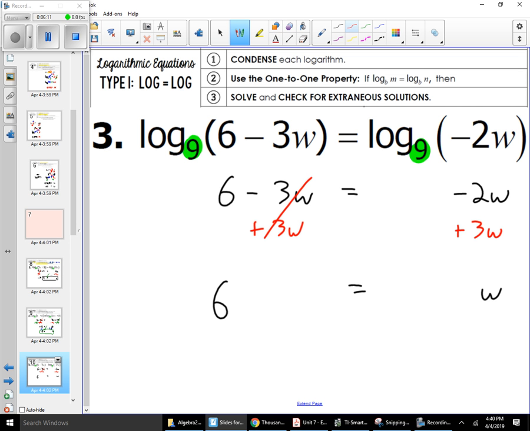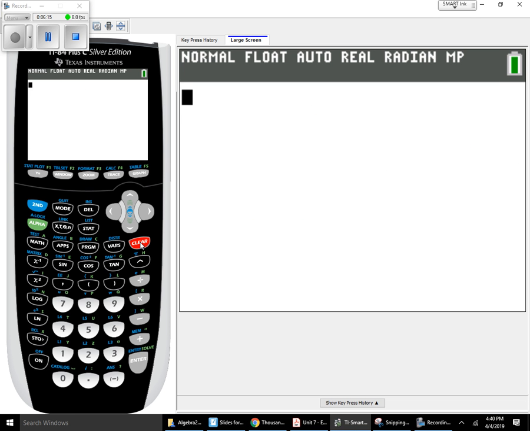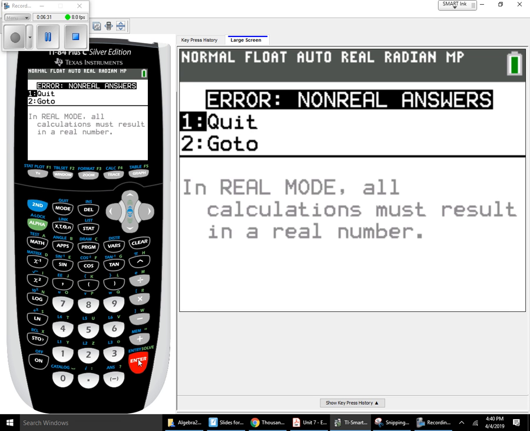So let's go ahead and see what happens. If w is in fact 6, then on the left-hand side, I should be able to do log base 9 of 6 minus 3w. And again, w is 6. Non-real answer. We can stop right here.